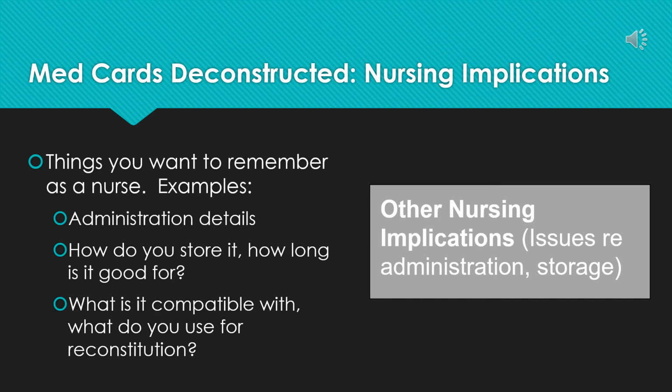Sometimes you use saline, sometimes you use sterile water, sometimes you use other things. Sometimes you reconstitute it in that, and then you have to dilute it further. These are all nursing implications, and they are very important things for you to know. The patient doesn't necessarily need to know them, but they are biggies for you.